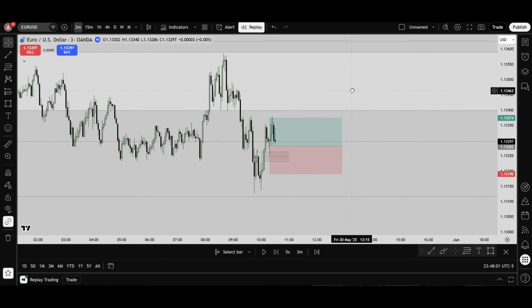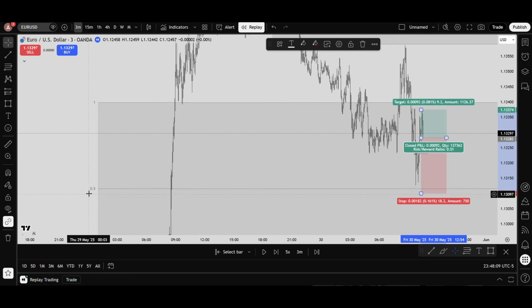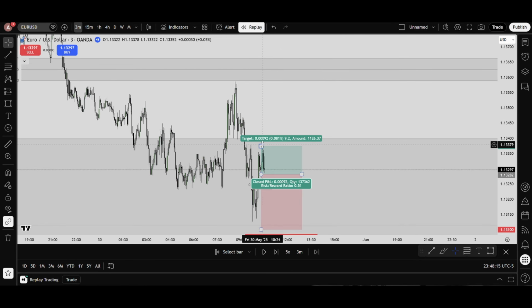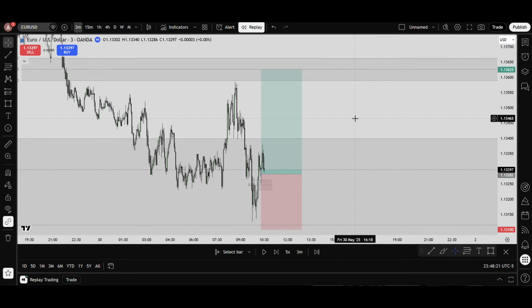The stop goes slightly below the 0.5 level of the 4-hour imbalance, and take profit is set at the 1-hour imbalance somewhere over here, or just below the recent liquidity high. And guys, keep in mind, the higher you place your target, the lower the probability of hitting it. So we keep it realistic and structured.